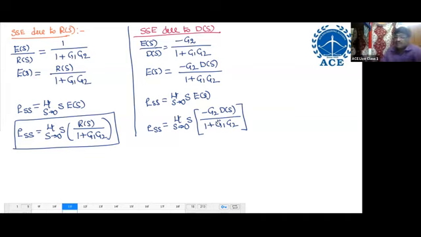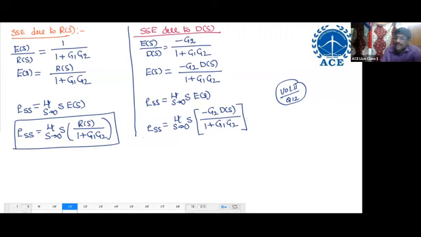Check it once. Same thing. What is the question for the given system? How can the steady state error produced by the step disturbance be reduced? How can you reduce the steady state error of the disturbance?